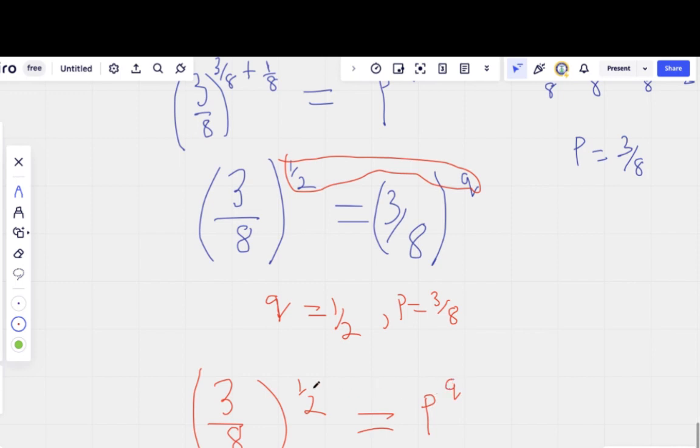So Q has to have the same power as this one. So meaning Q has to be half, raised to power half. Then we can now equate the base, which means P will also be 3 over 8. Do you understand? Whichever way you go, you're still going to find the same answer. That's my point.